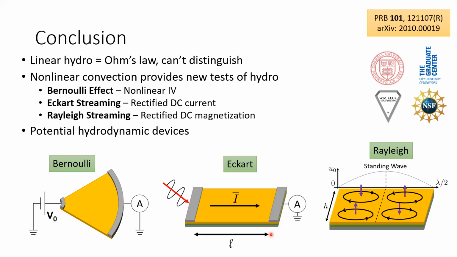So for instance, looking at some of these instabilities close to that critical point in V naught in this Bernoulli device is something that we are interested in looking into.